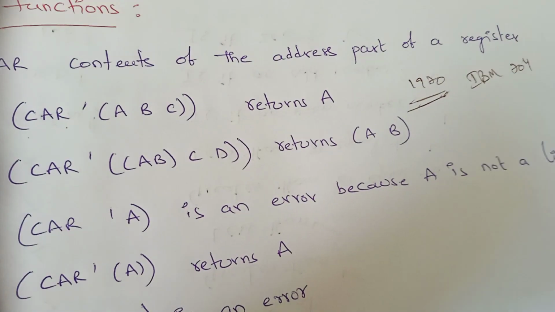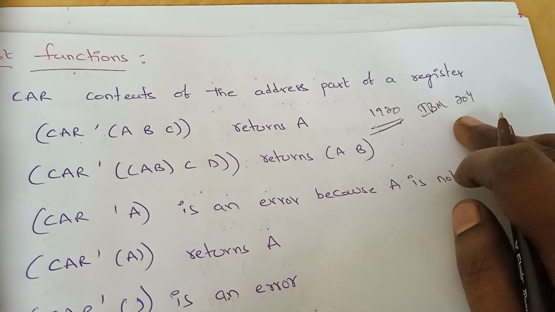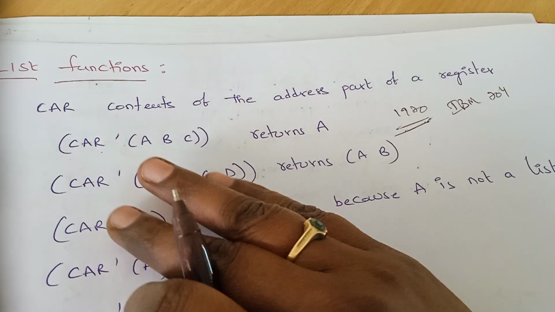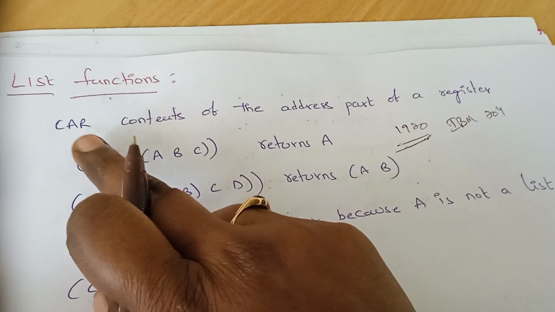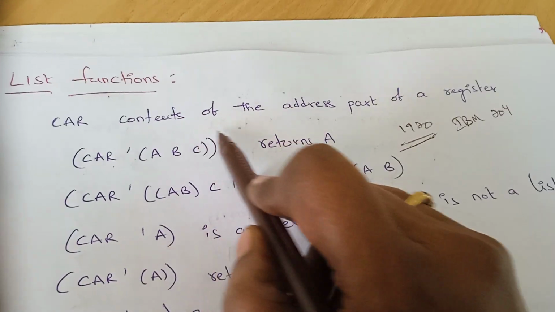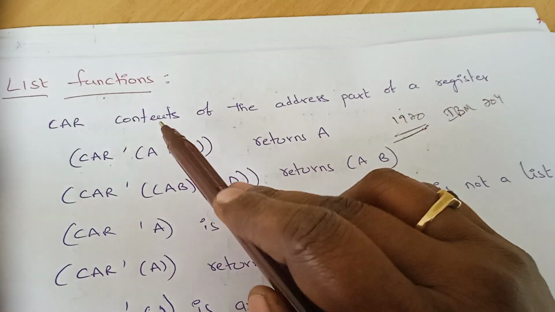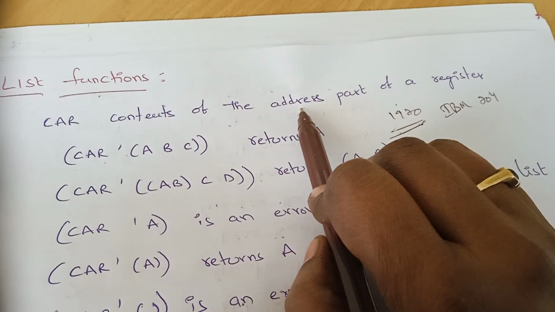This IBM 704 computer uses registers to store data. So we are talking about two functions, CAR and CDR. CAR is the contents of the address part of a register. It returns the contents of the address part of the register.